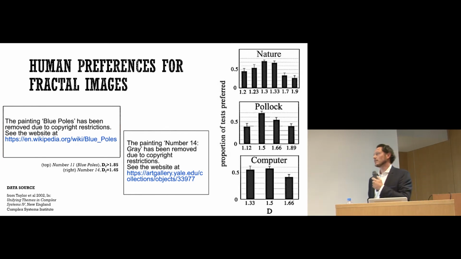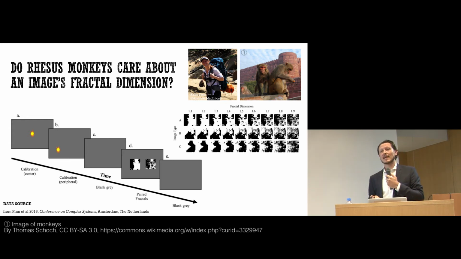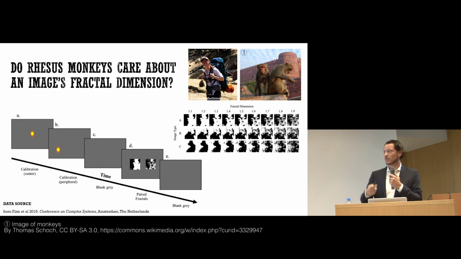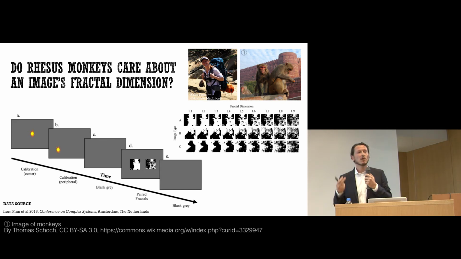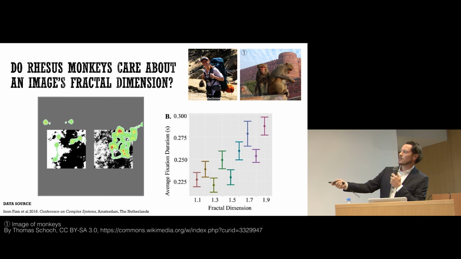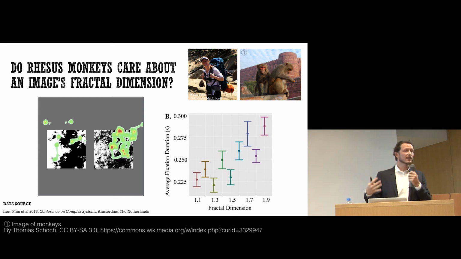It's many different cultures. And so one of my graduate students at the University of California, Davis, was interested, is it also true in monkeys? Okay? So she did a similar experiment. She showed the same images to a group of monkeys, okay, with eye trackers. And she asked, do monkeys care about fractal dimension? And it turns out they do. So monkeys also change their preference with fractal dimension. But you can see it's different from humans.